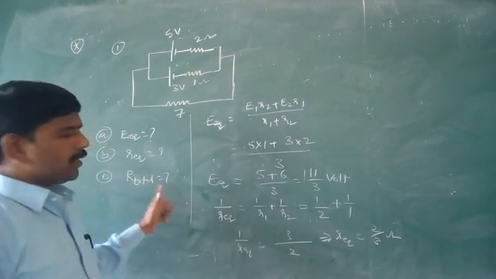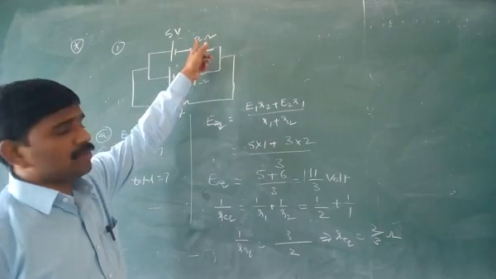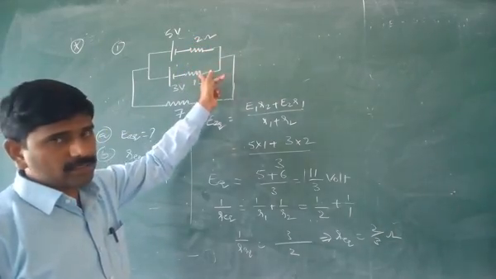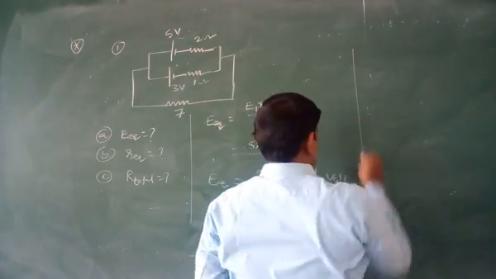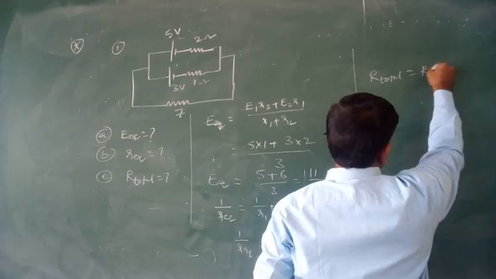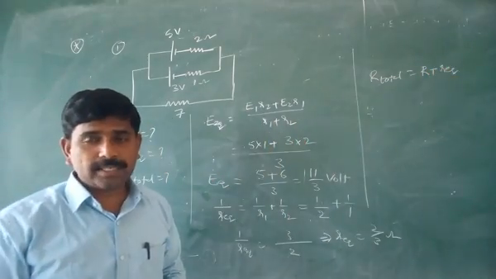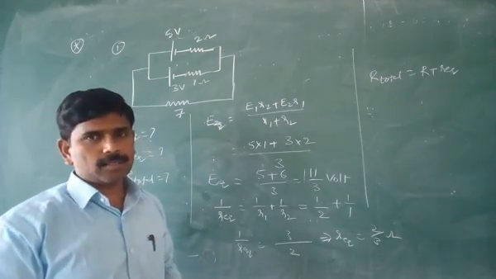What about the R total? R total is equal to the external resistor plus the equivalent internal resistance. That is, R total is equal to external resistor plus R equivalent, where R equivalent means the equivalent internal resistance.